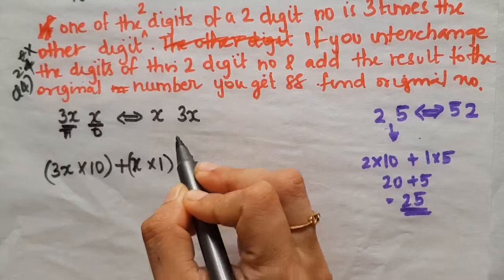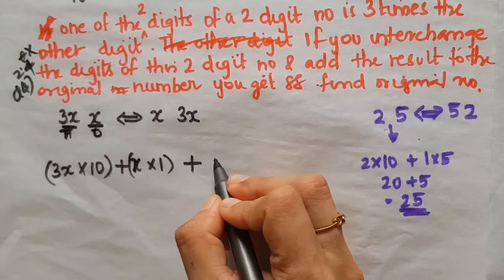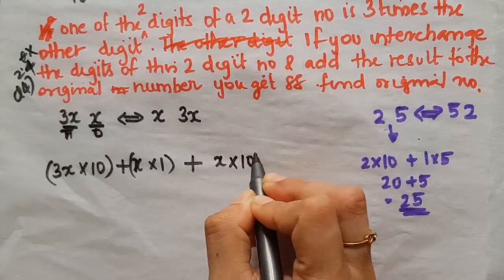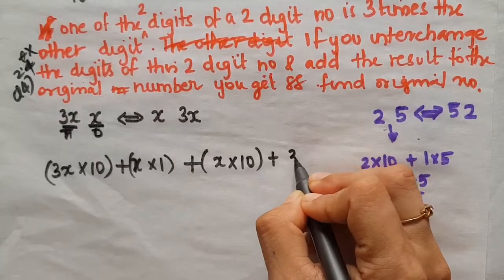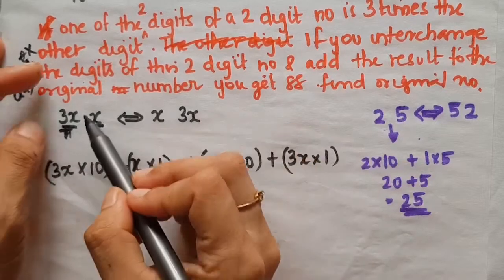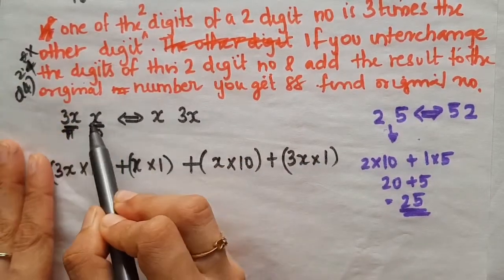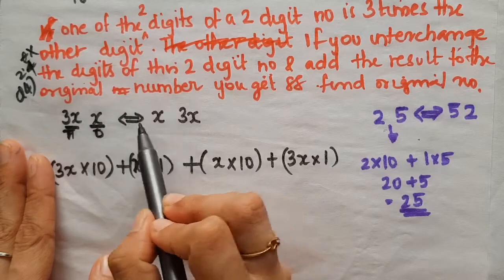Plus the interchanged digits: x times 10 plus 3 times x into 1 because it's in the ones place. So we have 2 terms here: one is the original number and one is the interchanged number.